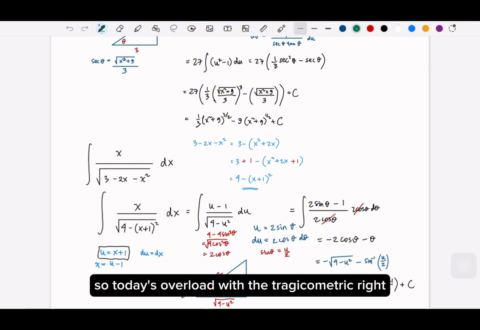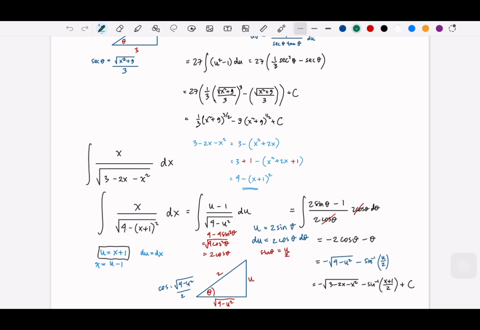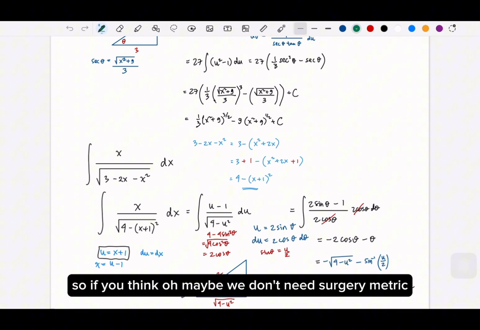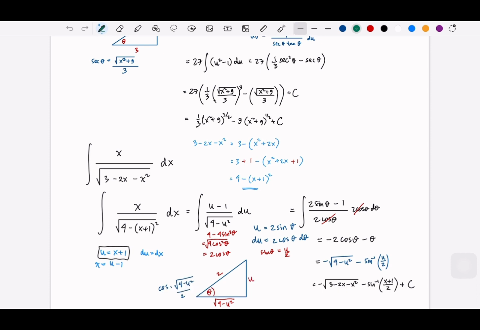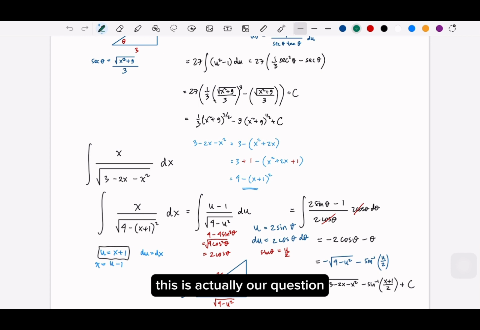So today's overload with the trigonometric, right? If you think, oh, maybe we don't need trigonometric, we are having a lot of trigonometric now. So this will be our solution for u. u is x plus 1. So we change back. So the square root of 4 minus u squared is actually our question, and this is the same.